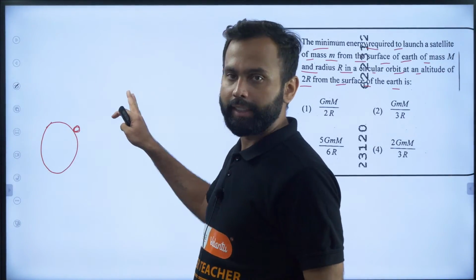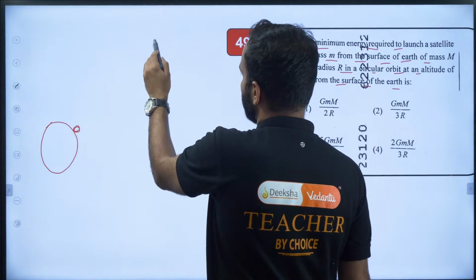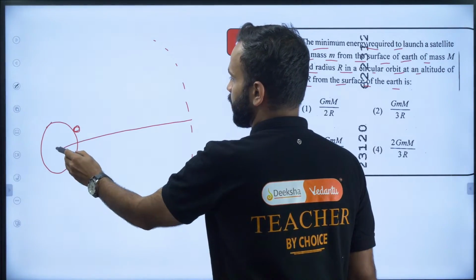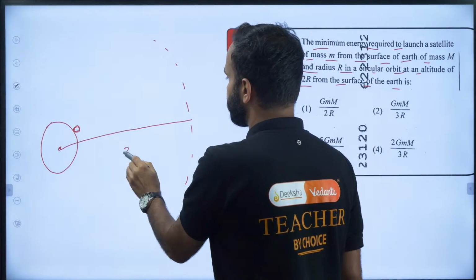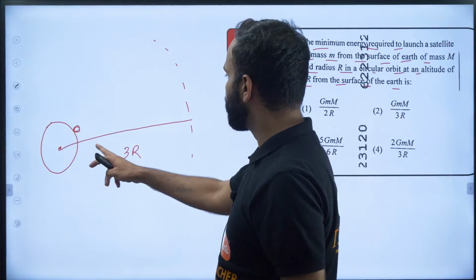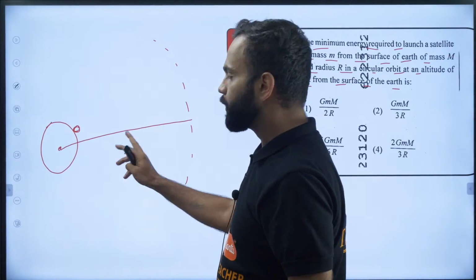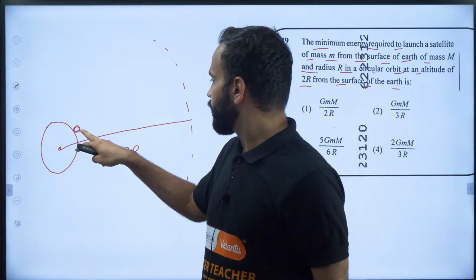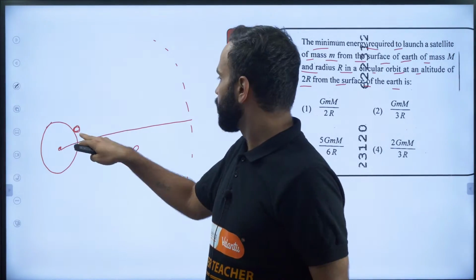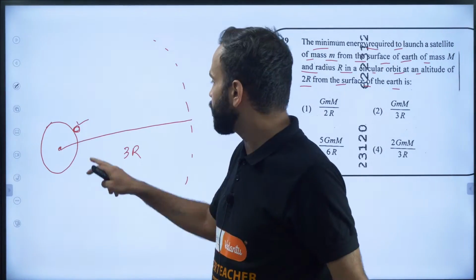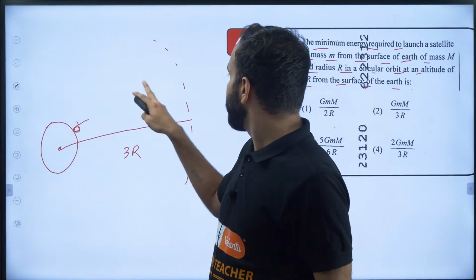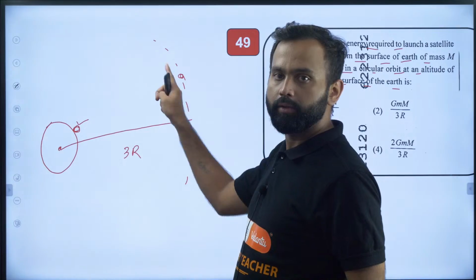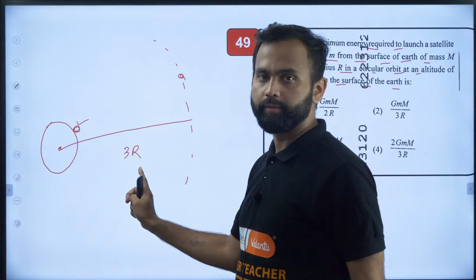So we need to launch the satellite, right? So this is another orbit. Distance between the center of the Earth and the orbit is 3r, right? From the surface of the Earth to the orbit is 2r, isn't it? So we need to find the minimum energy that should be given to the satellite so that it can reach this orbit of radius 3r, isn't it?